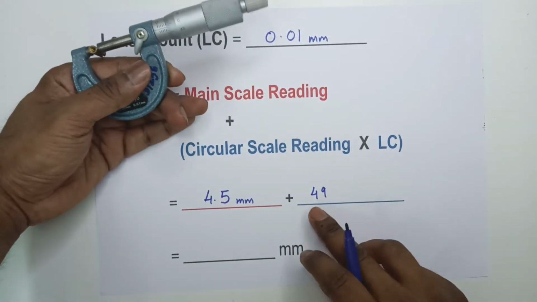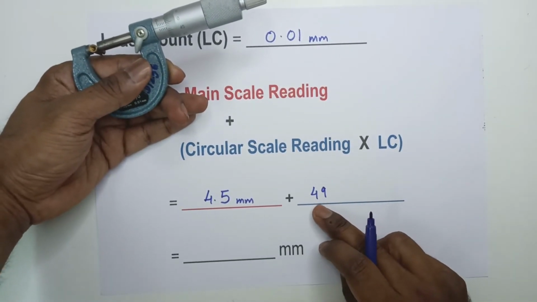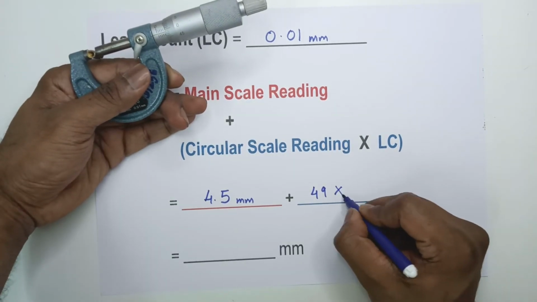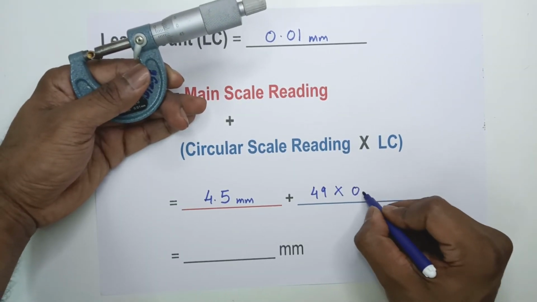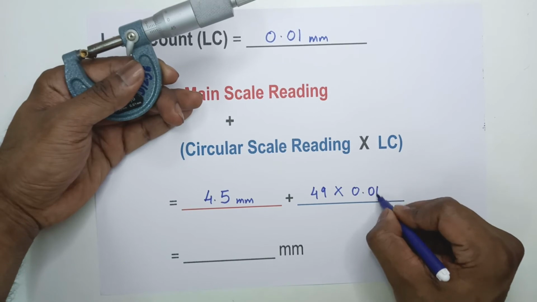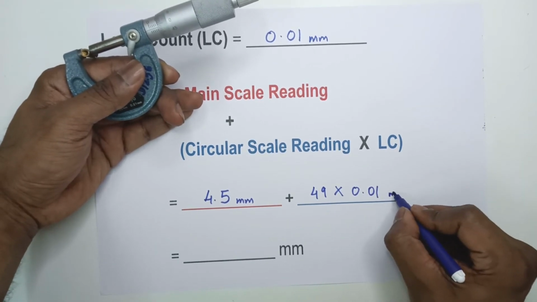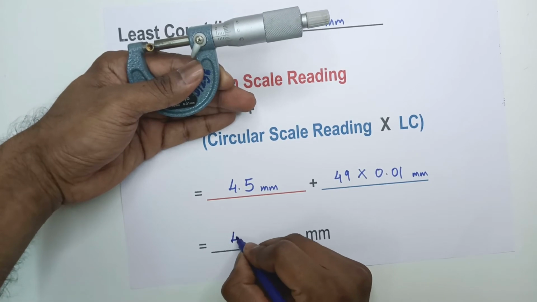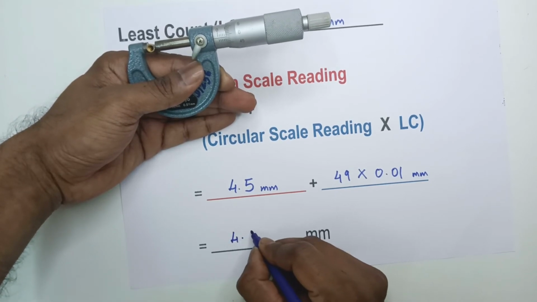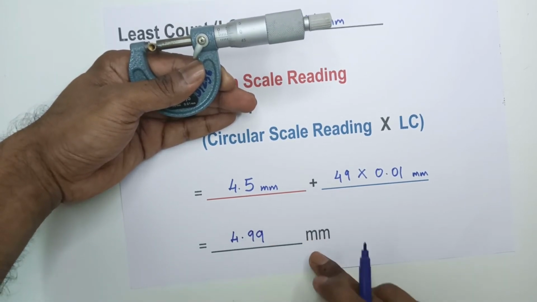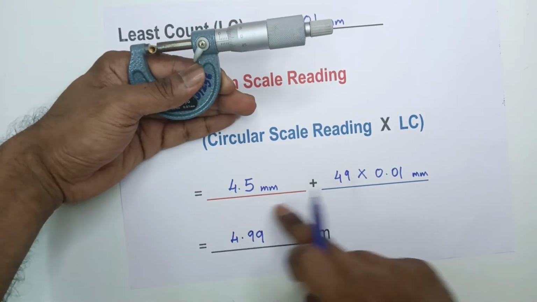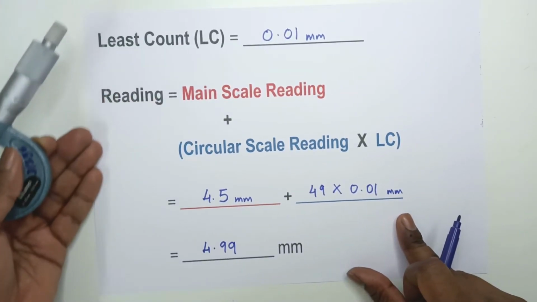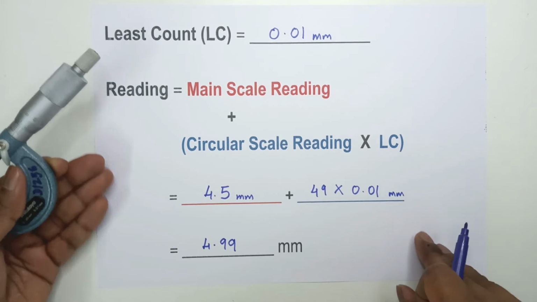Okay, so the circular scale reading is 49, and we need to multiply that with the least count, that is 0.01. This reading will be in mm. Your answer comes out to be 4.99 millimeter. Okay, so that is how you are calculating the readings.